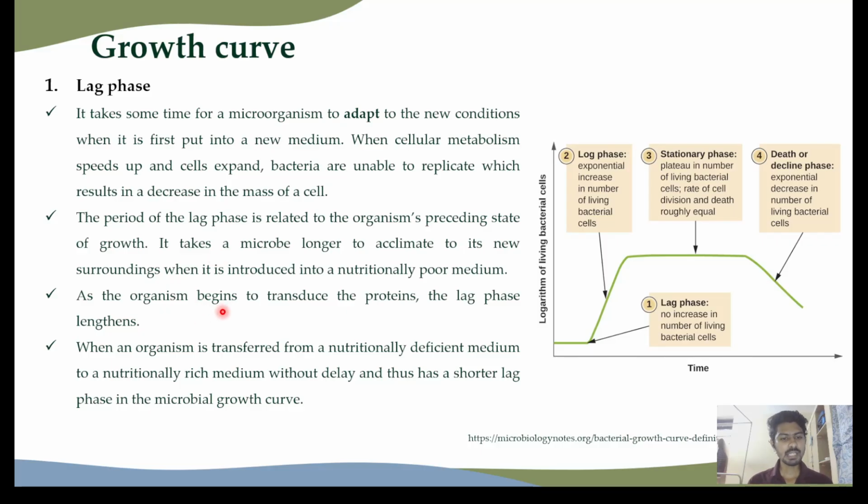As the organism begins to synthesize proteins, the lag phase lengthens. So in order to shorten the lag phase, what do we need to do? We have to transfer from a nutritionally poor media into a richer media. If we put them into the richer media without any delay, we could expect a shorter lag phase.